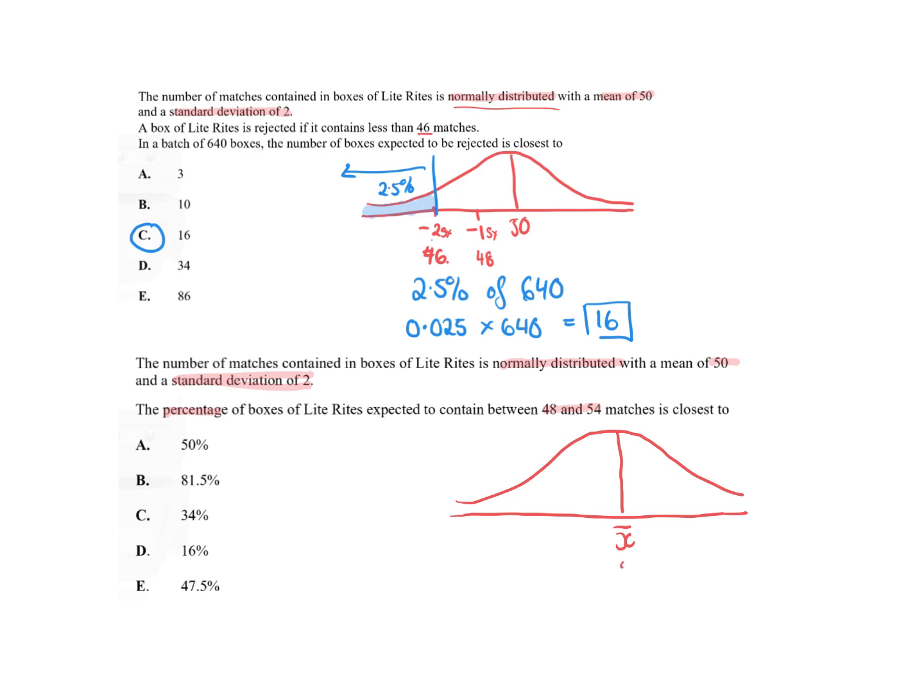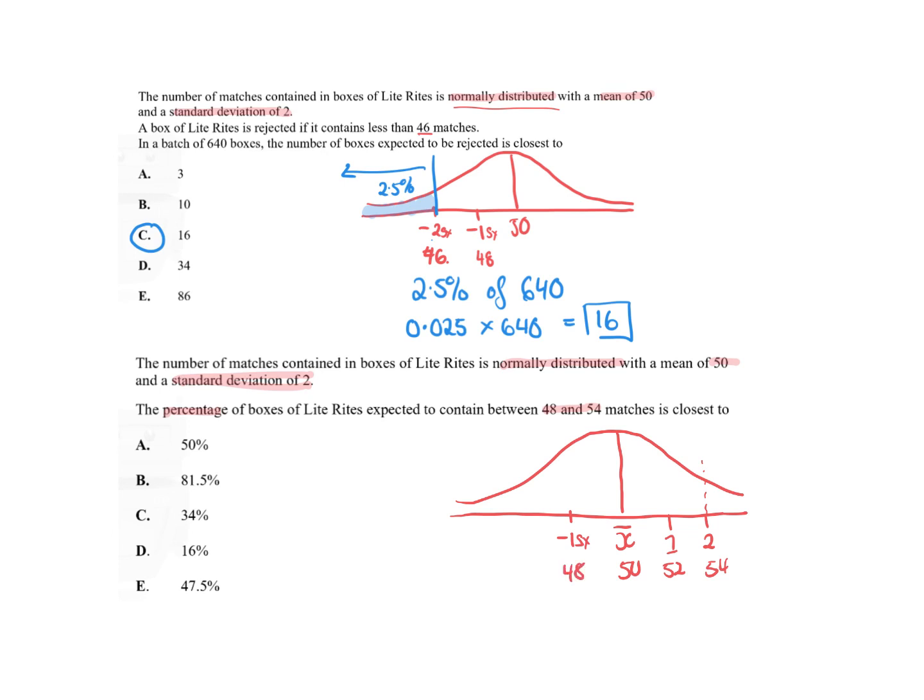The mean was 50. If I go up 1 standard deviation, I'd be at 52. If I go up 2 standard deviations, I'd be at 54. And I need to go to 48. So if I minus 1 standard deviation, I'm at 48.